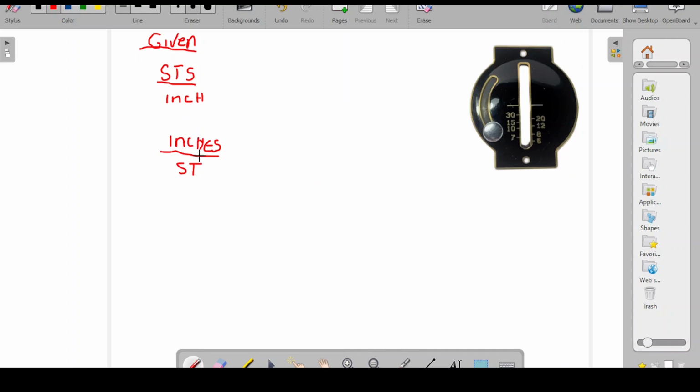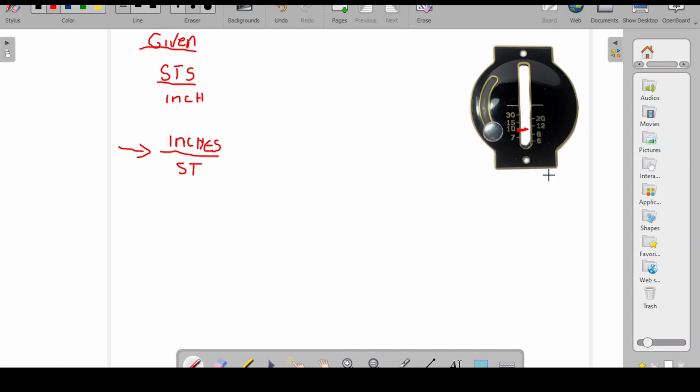Now, for the sake of making this lesson easier, I'm going to go with this version where I have the stitches on the bottom and the inches on the top. And just take my word for it, it's easier to see it this way. So sometimes when you see these on your vintage machine, you want to know, well, what is 10 stitches per inch, for instance?